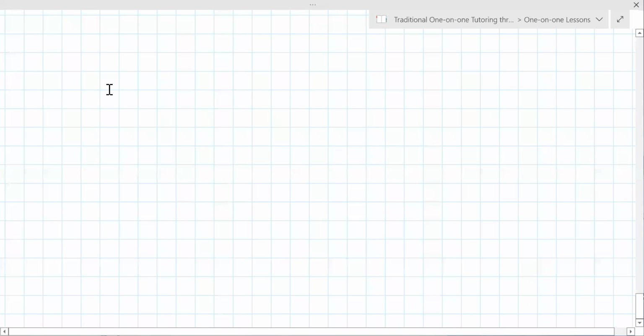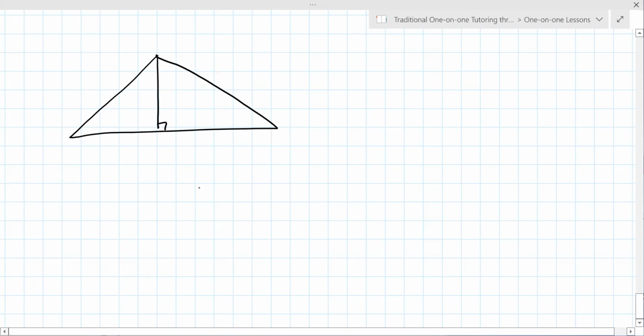That's right. And then the altitude is creating a 90-degree angle, but it doesn't split them up evenly. That's right. And it's coming from the vertex? Yeah. So this is an altitude.